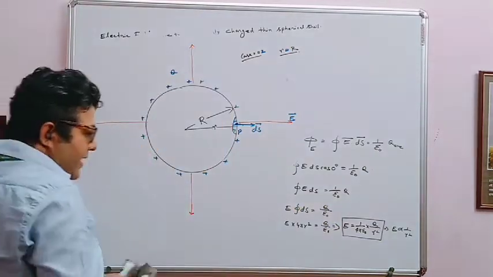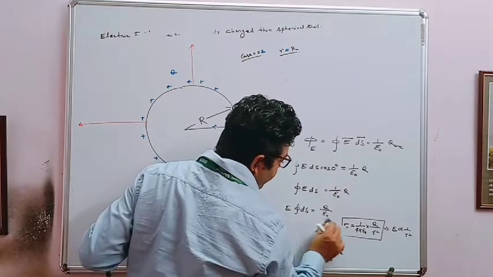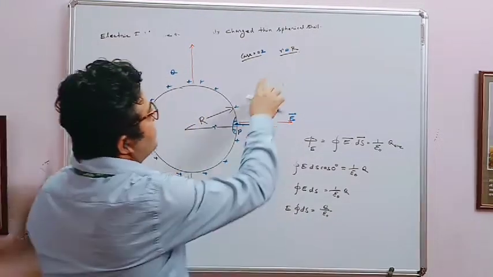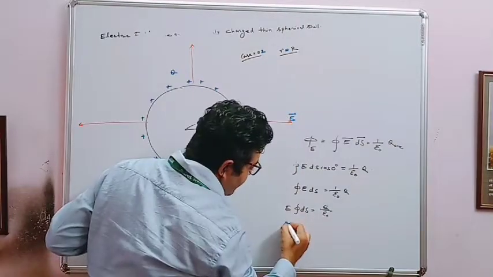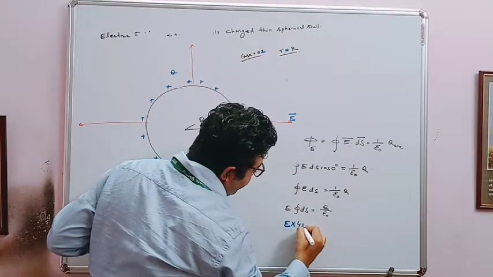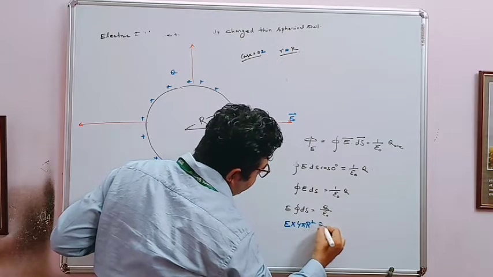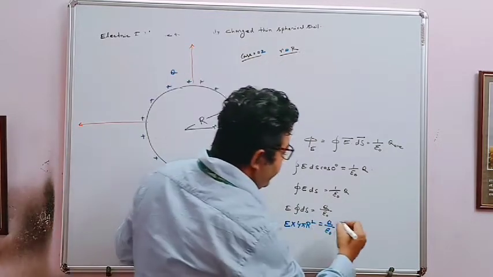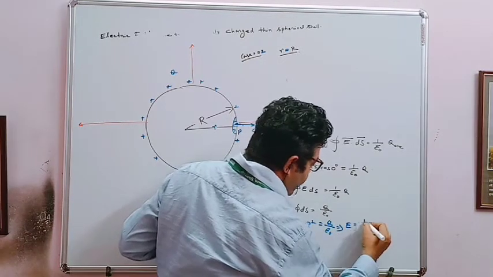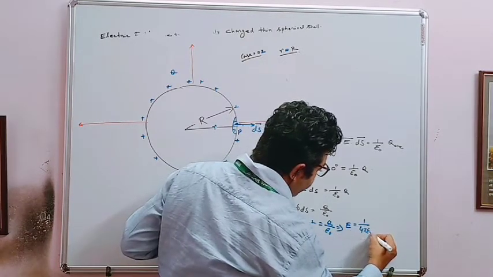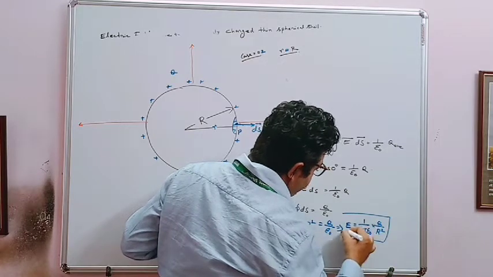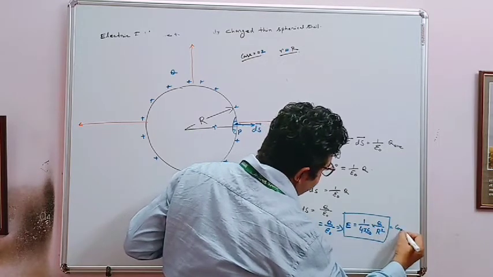Now in the last line what happens, here small r equals capital R. So we can write 4 pi capital R square, that is Q by epsilon naught, which means E equals 1 by 4 pi epsilon naught Q by R square. That means it is constant.